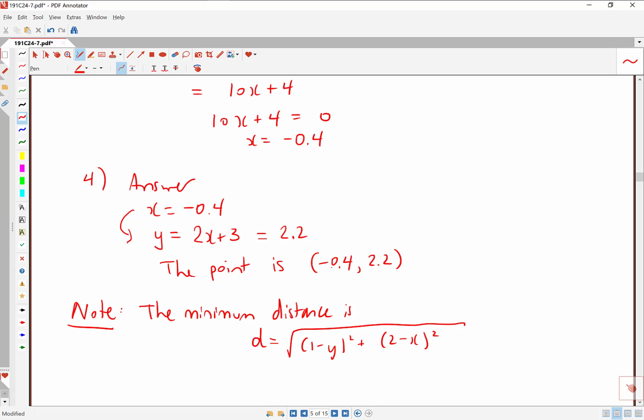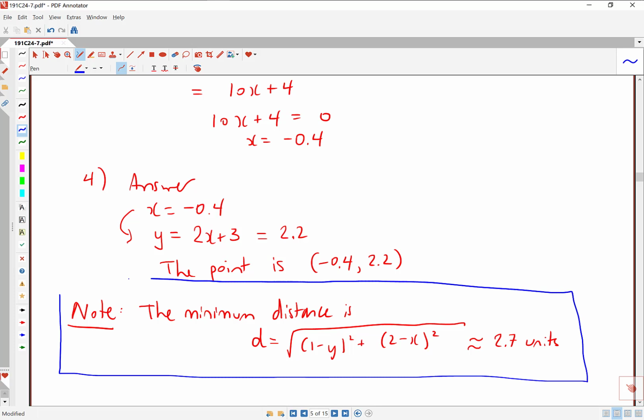So if you sub in your coordinates, your -0.4 and your 2.2, you can check that the distance comes out to about 2.7 units. So it's not asked for, it's just in case you are curious about what that minimum distance is.